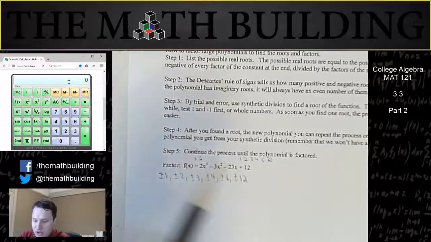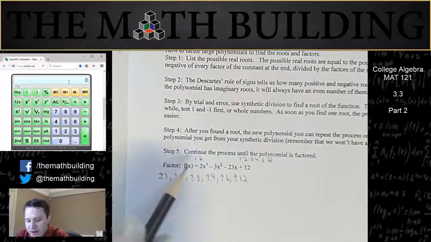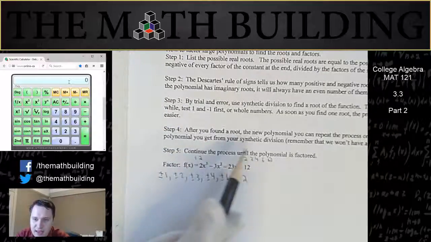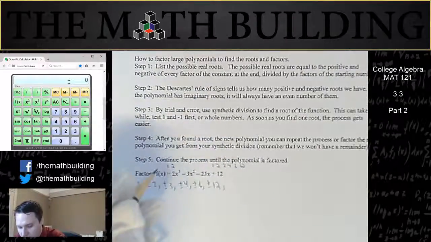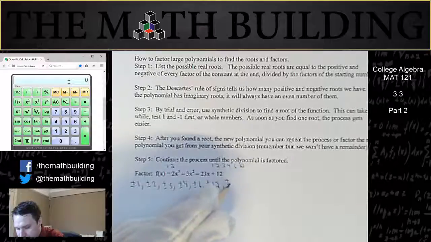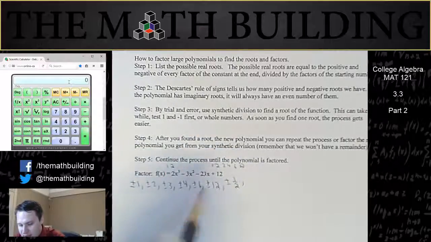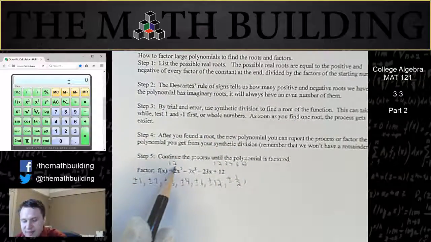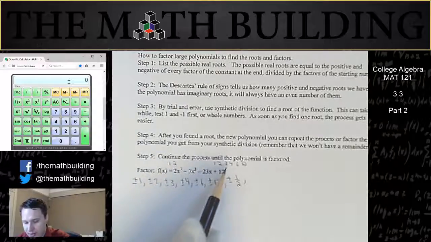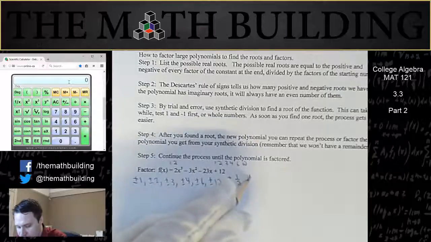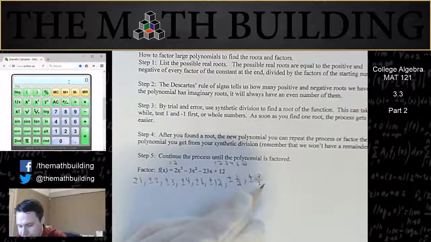So those are all potential answers, and that's all of these divided by 1, okay? Now let's take all of these divided by 2. So first we have 1 divided by 2, which is a half. Now if I did 2 divided by 2, that would equal 1, and we've already got 1, so we can ignore that. 3 divided by 2, though, that one's not on our list.